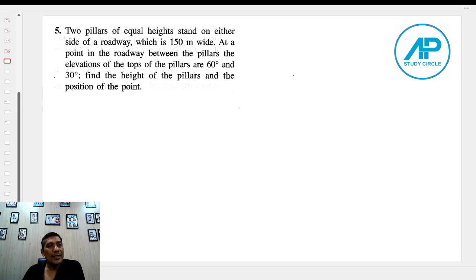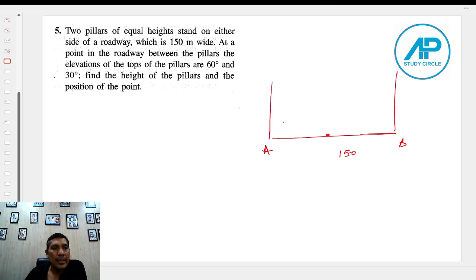Two pillars of equal heights stand on either side of a roadway that is 150 meters wide. At a point on the roadway between the pillars, the elevations of the tops of the pillars are 60 and 30. There are two pillars here, one pillar and the second pillar.